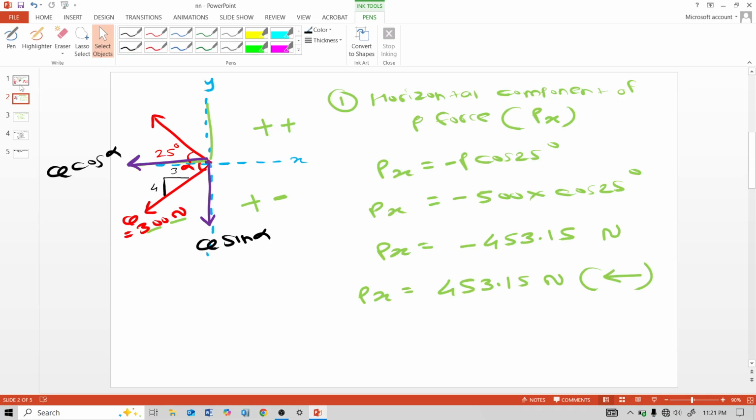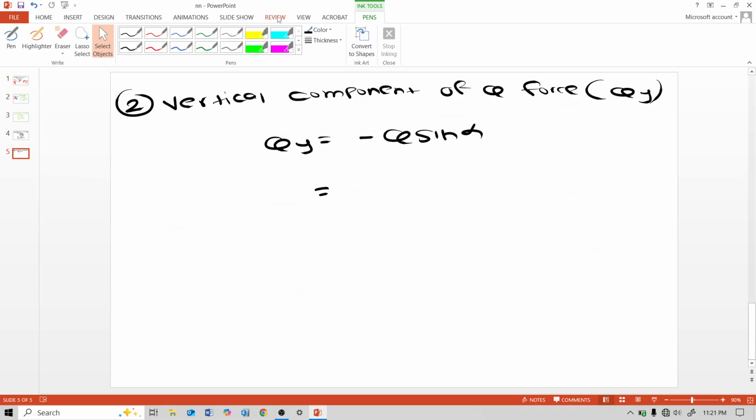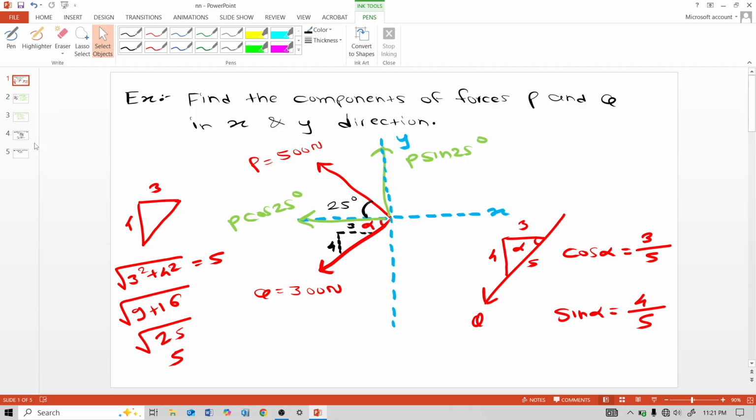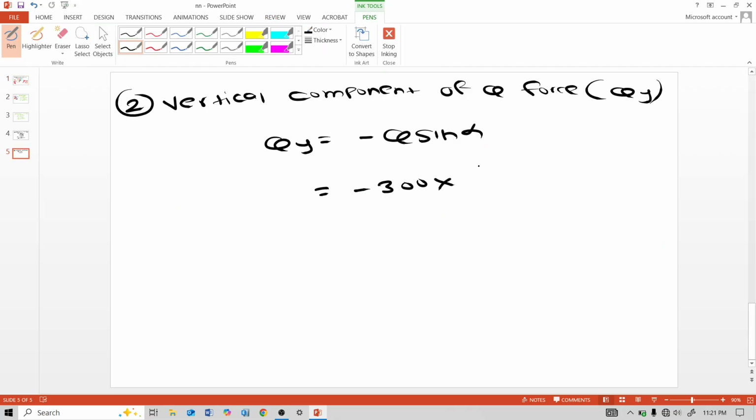So negative Q, and this Q is nothing but the 300 Newton. So minus Q, and sin alpha we already calculated. It is 4 by 5. So just solve it mathematically, you will get your vertical component of Q force: minus 300 into 4 divided by 5. It is minus 240 Newton. Minus 240 means the sense of that force is 240 Newton in downward direction.